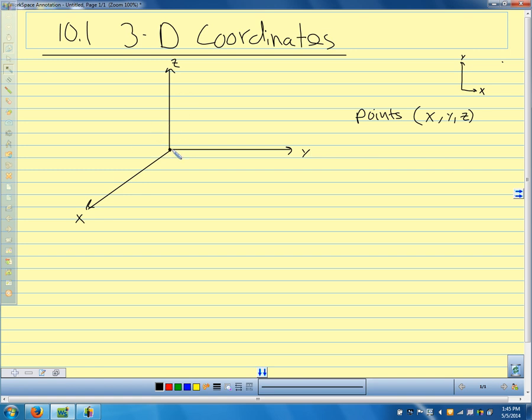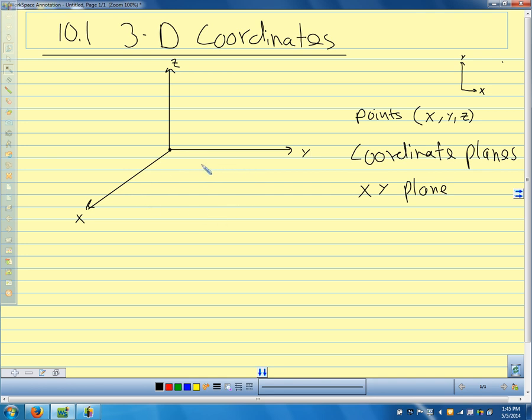We end up with 3 coordinate planes when we talk about a 3-dimensional coordinate system. So we have our x, y, and z axes, but we also have coordinate planes. We have the xy plane, this horizontal surface here.